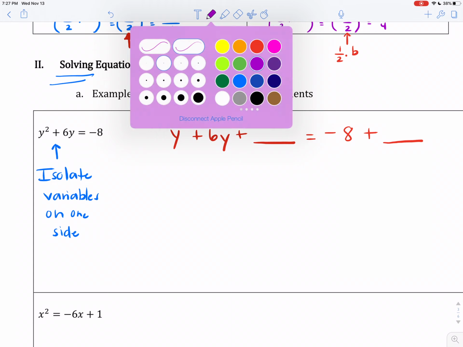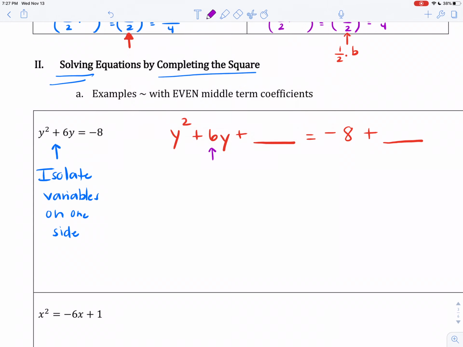Now, what I want to add here is just what we used above. I want to take 1/2 of that middle term and square. So in this case, I'm going to be taking 3 squared, or I'm going to be adding 9 to both sides. So I'm going to put that 9 here and here. You can't just add it to one side. That'll change your equation.